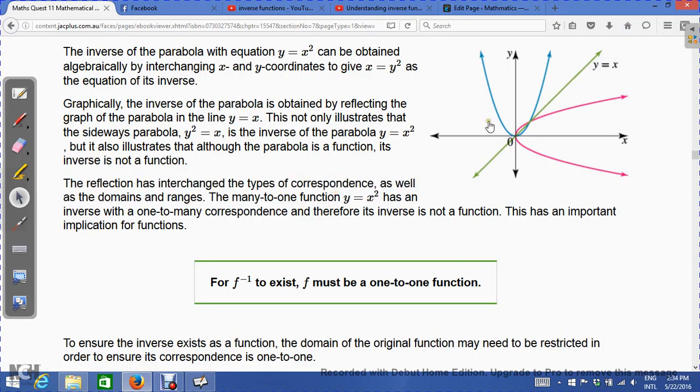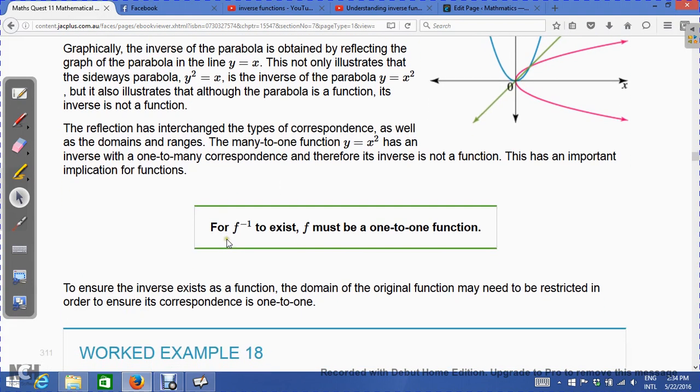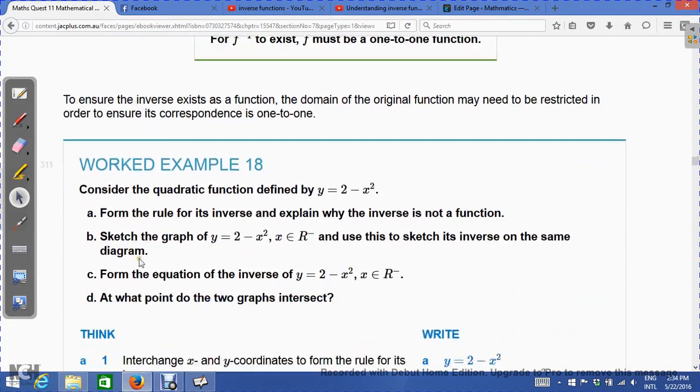The many-to-one function, so many going across to one function, y equals x squared, has an inverse with a one-to-many correspondence. Therefore, its inverse is not a function. This is important for implication for functions.